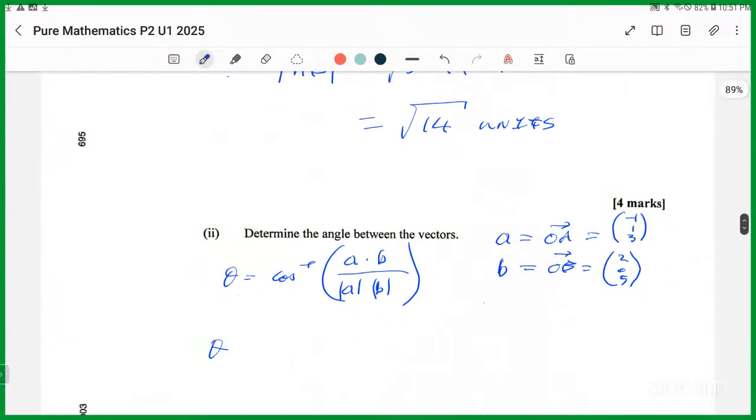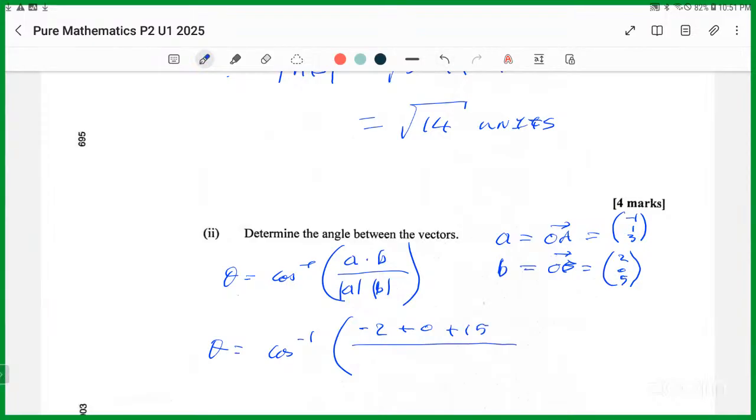So theta equals cos to the minus 1 of the scalar product. Multiply the first values, we get negative 2. Multiply the second values, 1 times 0 is 0. Multiply the third components, 3 times 5 is 15.